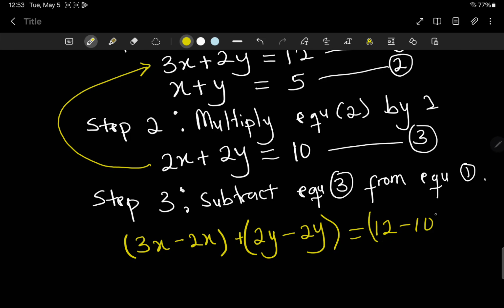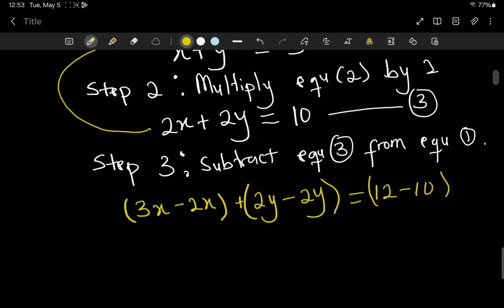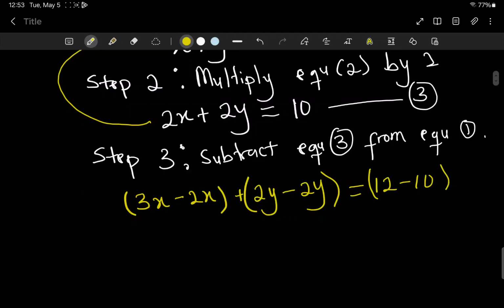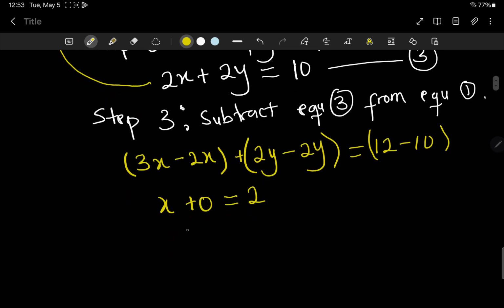Okay, so we'll get an equation like this. And what do we do next? We make sure we simplify it. So 3x minus 2x will give us x, and then 2y minus 2y is 0, right? Is equal to 12 minus 10 is what? 2. So our x is equal to what? 2.